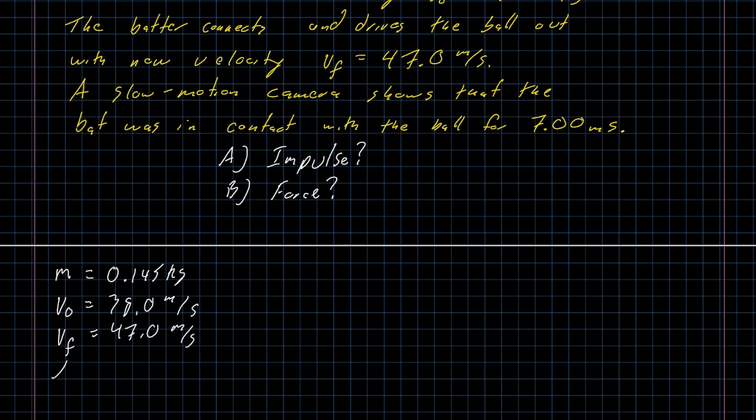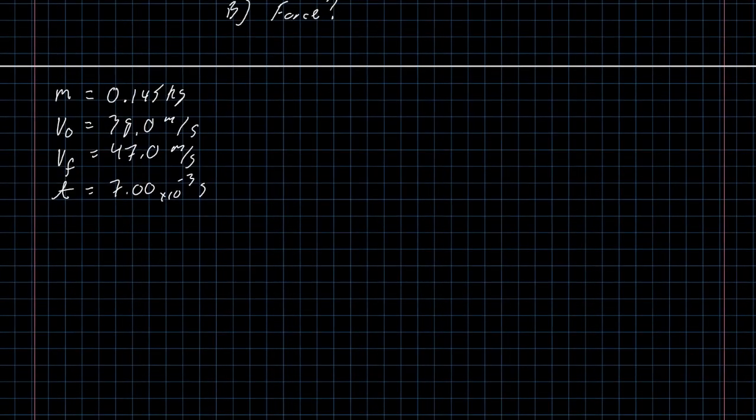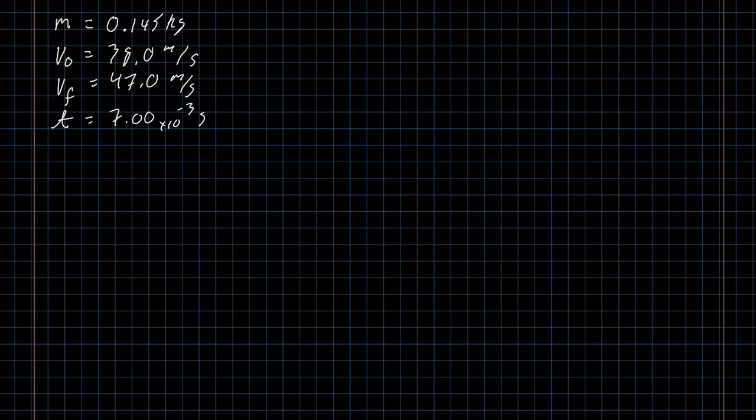And we've got a time of 7 milliseconds. Remember, milli is times 10 to the negative third. So we could write it like that, or we could write it out as a decimal if you prefer. Either way, it gives us the same thing. All right, so that's the information that we have that we can use to solve this problem.